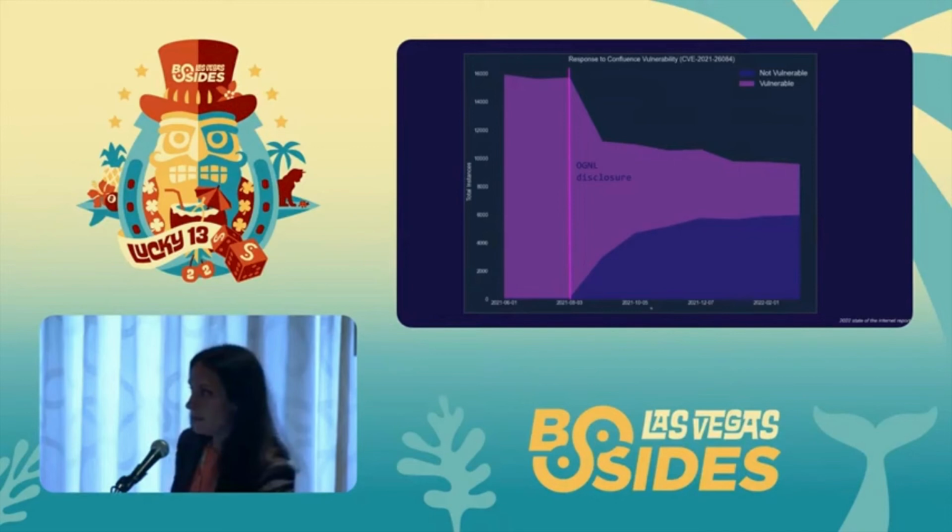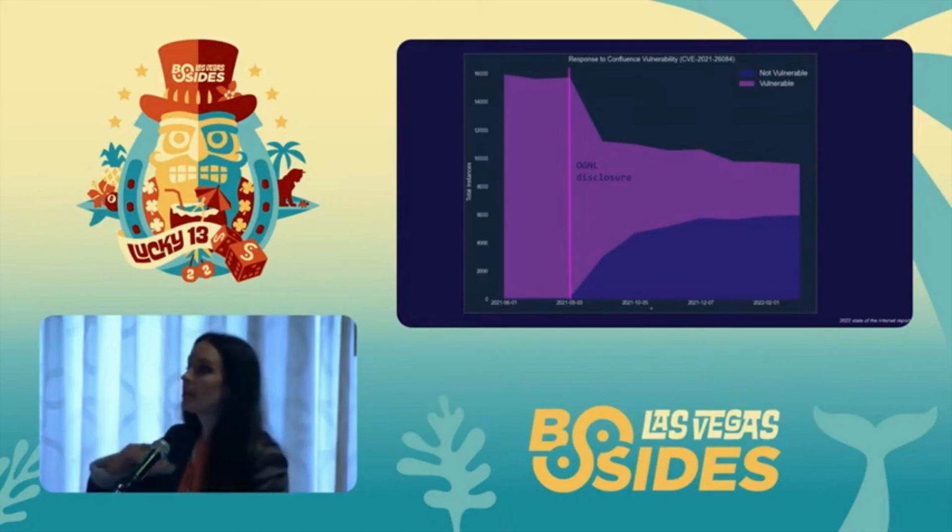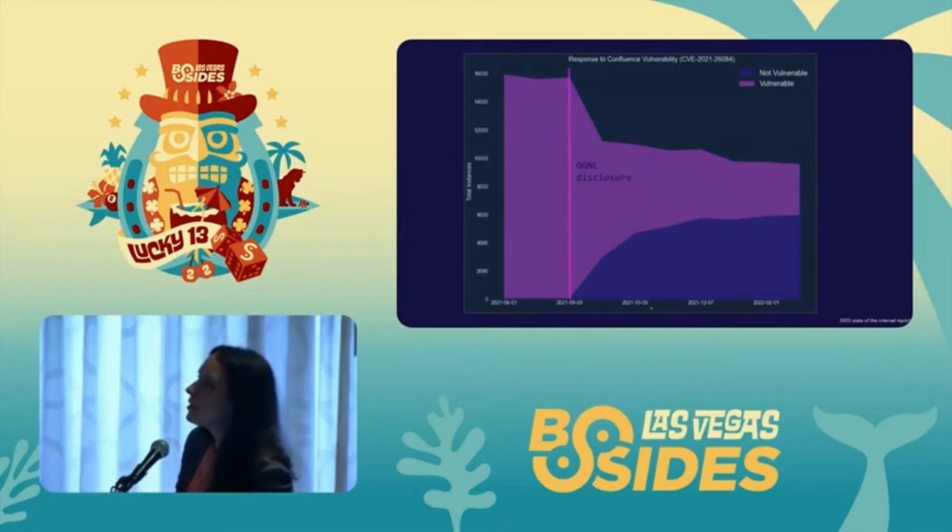And so, again, you see very quickly things start getting patched. But what's really interesting to me about looking at this data for Confluence, which might not have been as immediately obvious if I had not graphed this, is there's a whole lot of empty space up here. Because people took Confluence servers offline as a response to this disclosure.